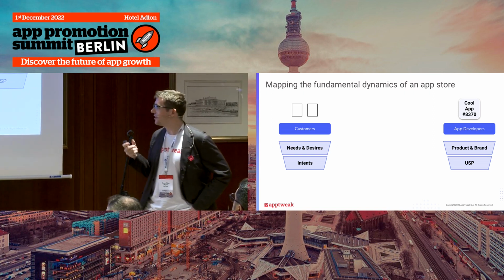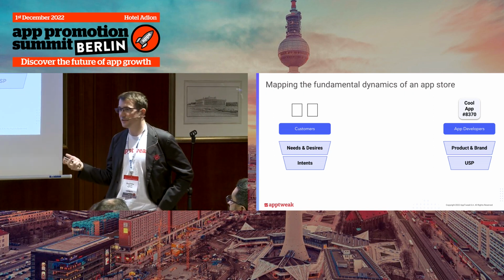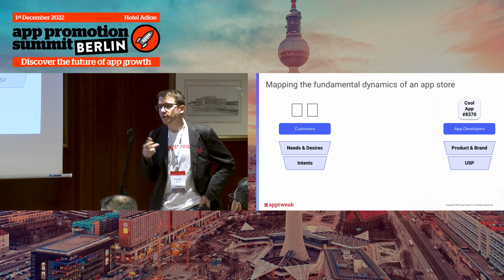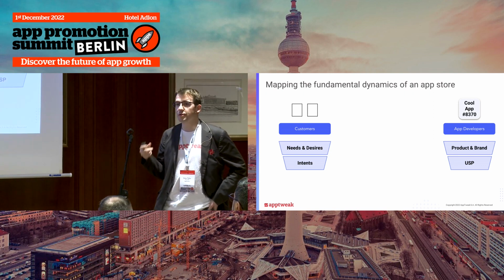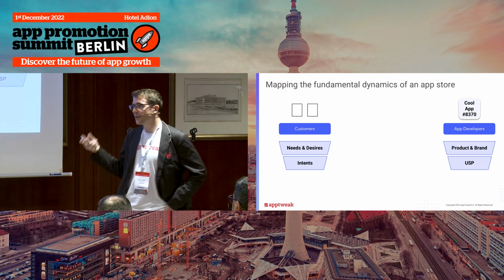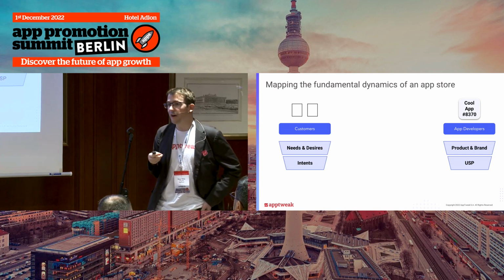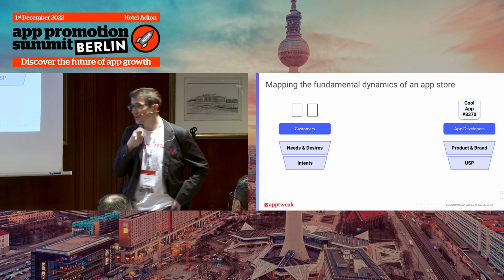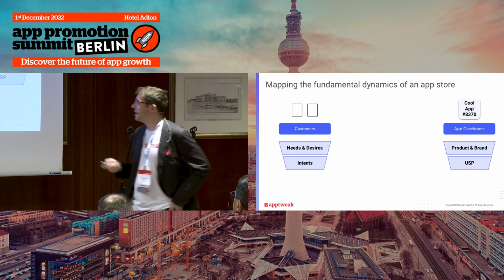Here we'll say they are mostly people with needs and desires. And those needs and desires may or may not transform into intents. To give you an example of why I say it may or may not happen: I may be cold, but I may not grab a sweater. But if I'm hungry, I'm definitely going to hit the buffet afterwards.